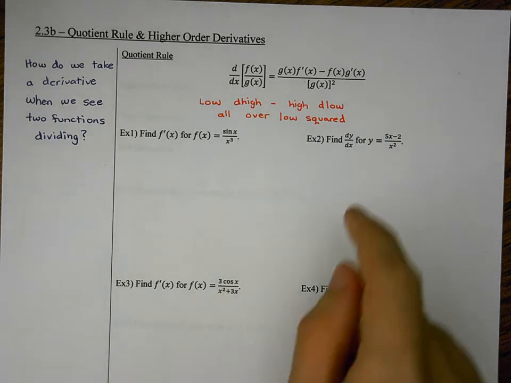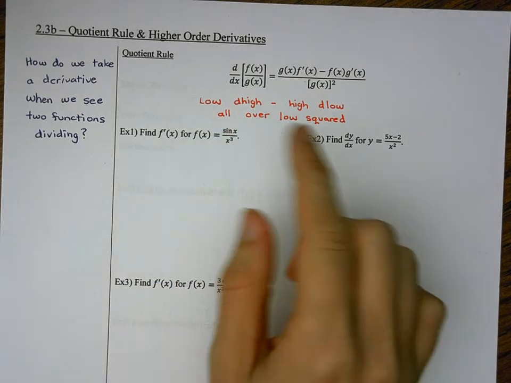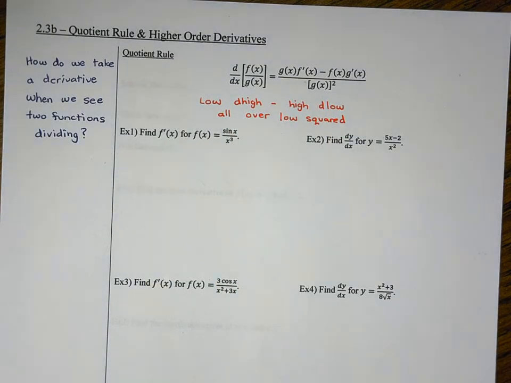Okay, you do not have to memorize it that way. There are a wide variety of little songs and memory cues that exist for quotient rule, but that is mine. Low d high minus high d low all over low squared. Which helps us remember that, right?